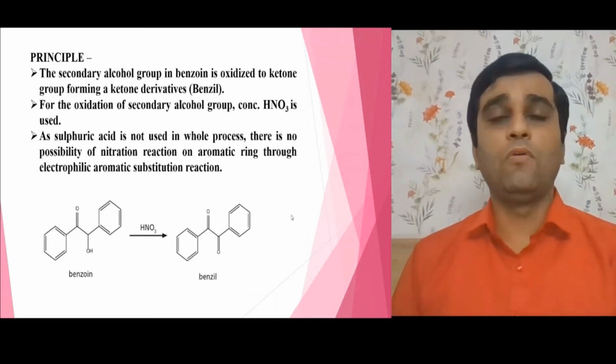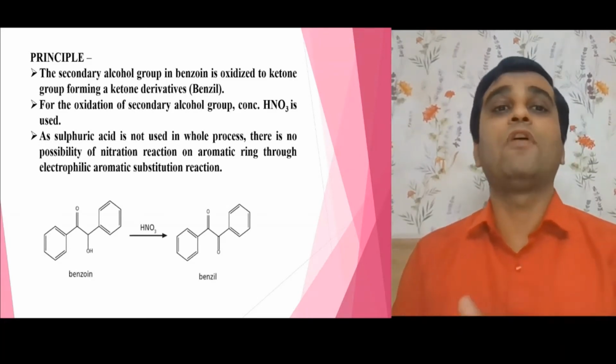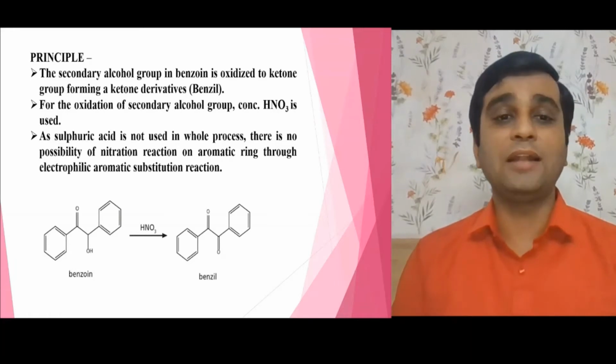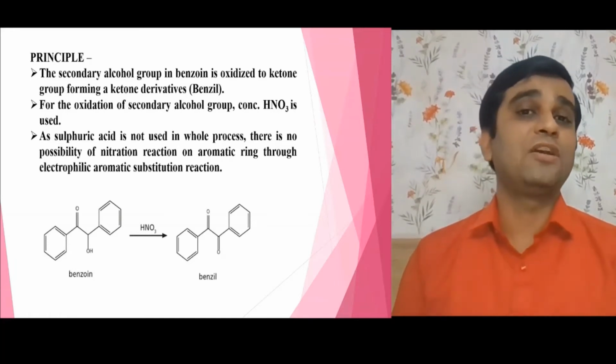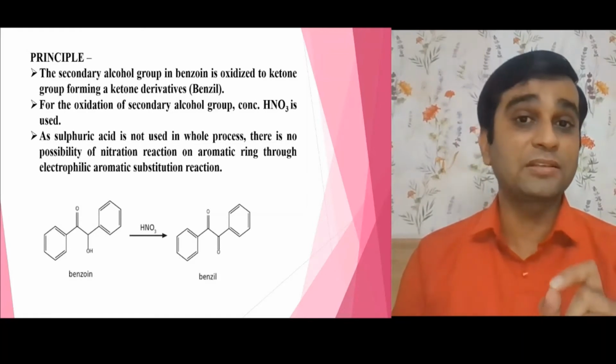Now, when I talk about the principle, I already told you that the secondary alcohol group is converted into a ketone group, and hence we say that benzoin is converted into benzil. What is the important aspect as far as the principle is concerned?